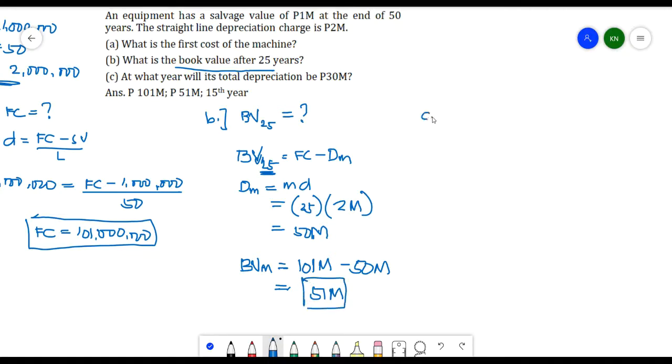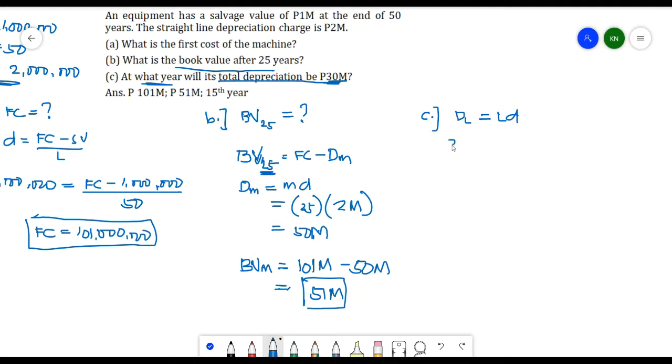Next item is letter C: at what year will its total depreciation be 30 million? So we are looking for the year. From this, we have the formula of our DL, which is L times D. It is said that the total depreciation is 30 million.